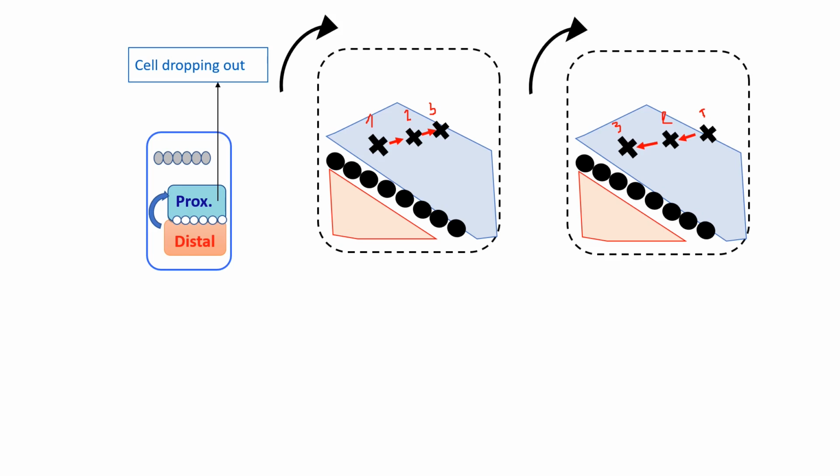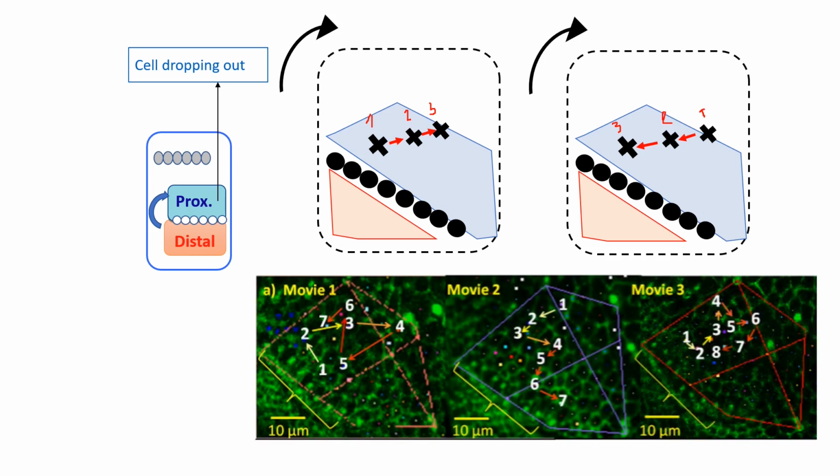And we were trying to see if there was any specific pattern of the sequence of events of extrusion. You can imagine multiple patterns, and there could be many options. And here I show you what we found.